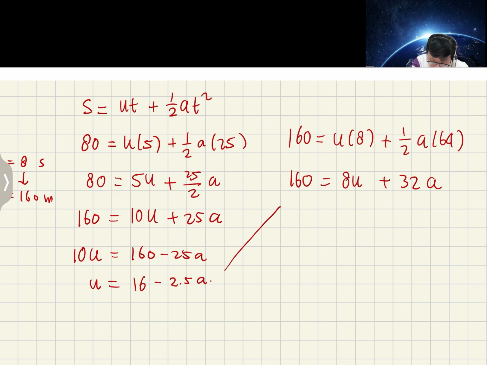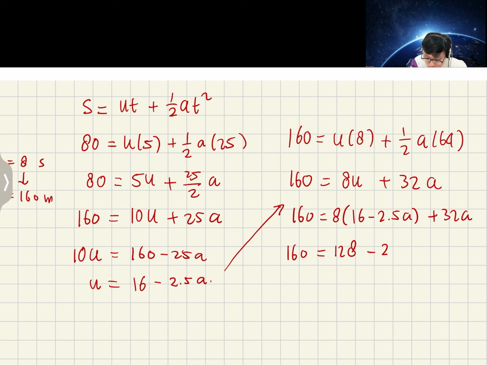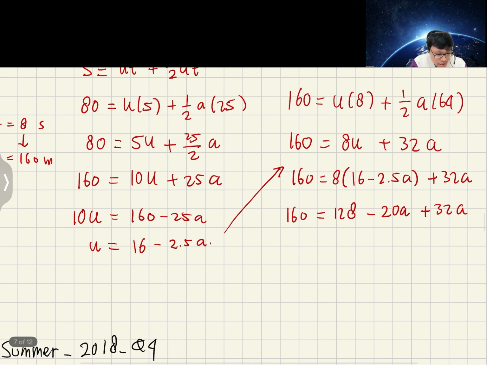So you plug into the equation here, you get 160 equals 8 times (16 minus 2.5A) plus 32A. So I just calculate 8 times 16, we get 128, and then minus 2.5 times 8, 20A, plus 32A. Now from here, we can solve for A over here.